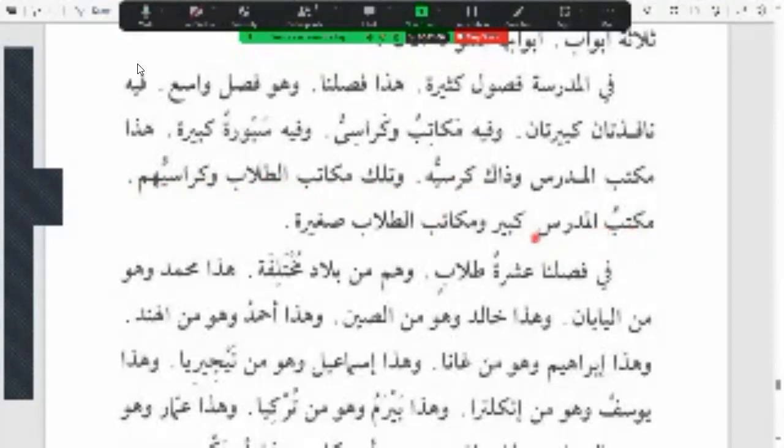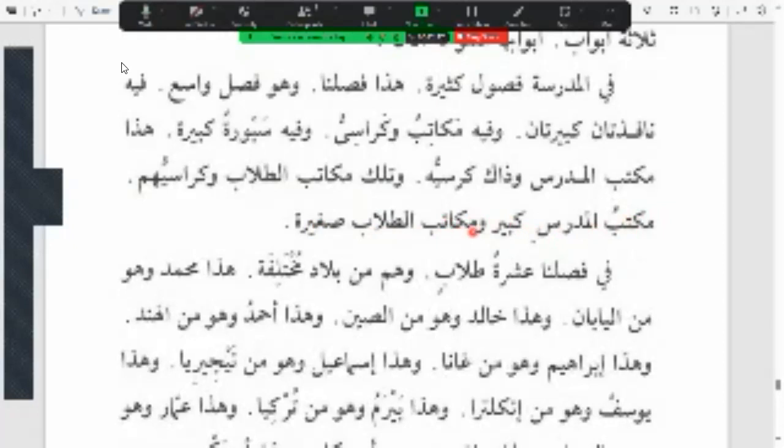مكتب مدرس كبير ومكاتب طلاب صغيرة. Why are we saying مكتب مدرس كبير and مكاتب طلاب صغيرة? Because this is masculine. مكتب مدرس is masculine. That's why we've got كبير. But here makatib, there are now many desks.